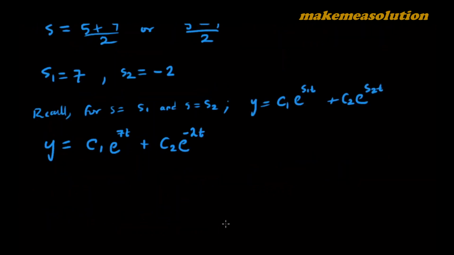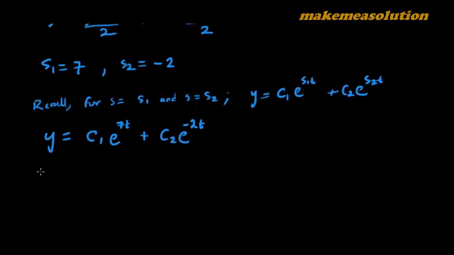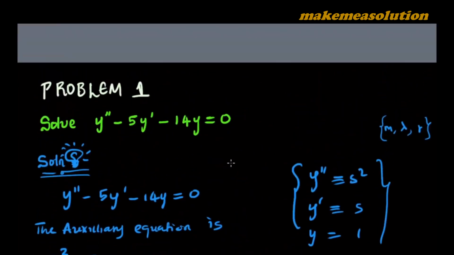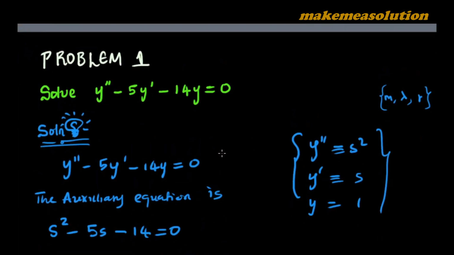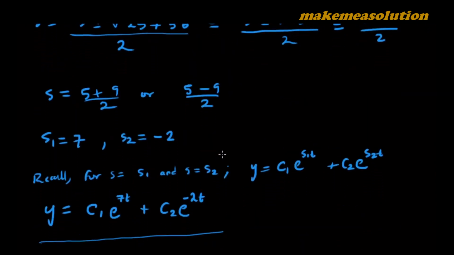Is that okay? So this is going to be your general solution for a homogeneous differential equation with distinct roots. So let's look at another problem, and that will be it.